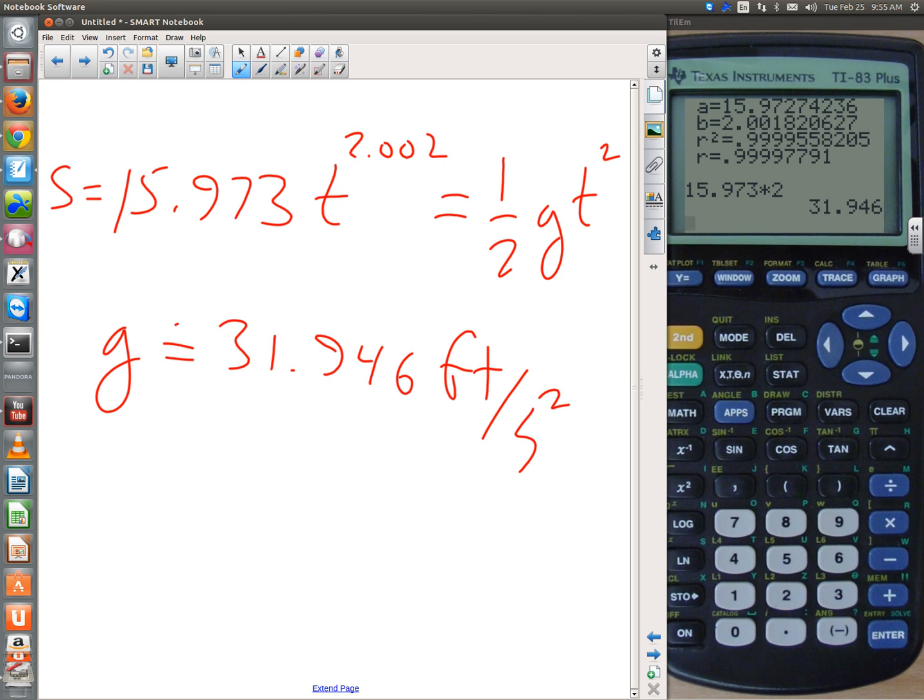How many feet per second your velocity changes each second? Right? Why is velocity feet per second? Because you're measuring your displacement over time. How fast your feet are changing every second, right? But that's not what I'm asking here. I'm asking how many feet per second you're gaining or losing every second. It's the rate of change of the rate of change, the rate of change of the velocity. Okay? All right.